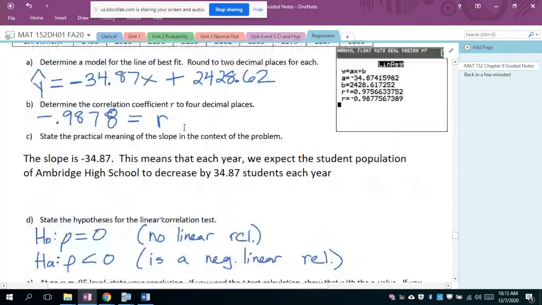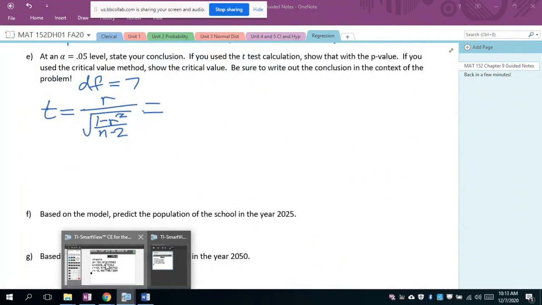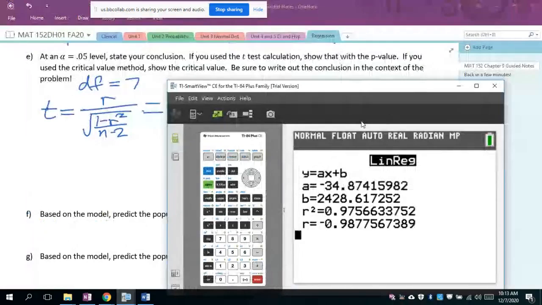So we'll do the r calculation. Now keep in mind, r is negative 0.9878.